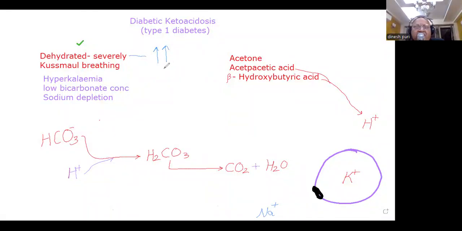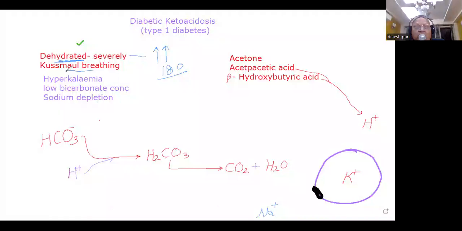After the level crosses 180 milligram per deciliter, the so-called renal threshold for glucose, glucose starts excreting in the urine and it is osmotically active, it carries water along with it. Thereby there is enhanced water loss and the patient soon develops dehydration.